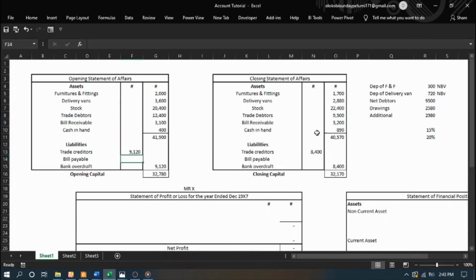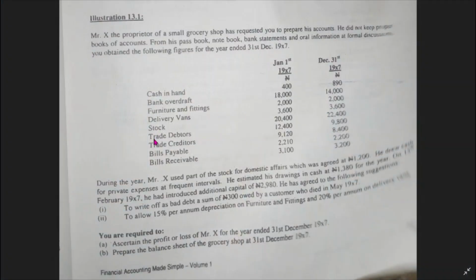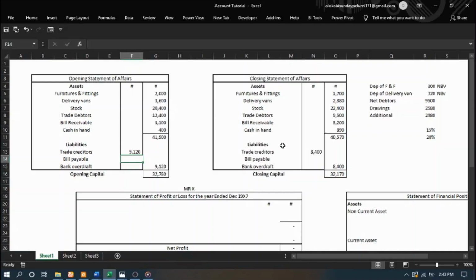Alright, so bill payable. Bill payable 2,210, and then 2,200. Okay, let me check.